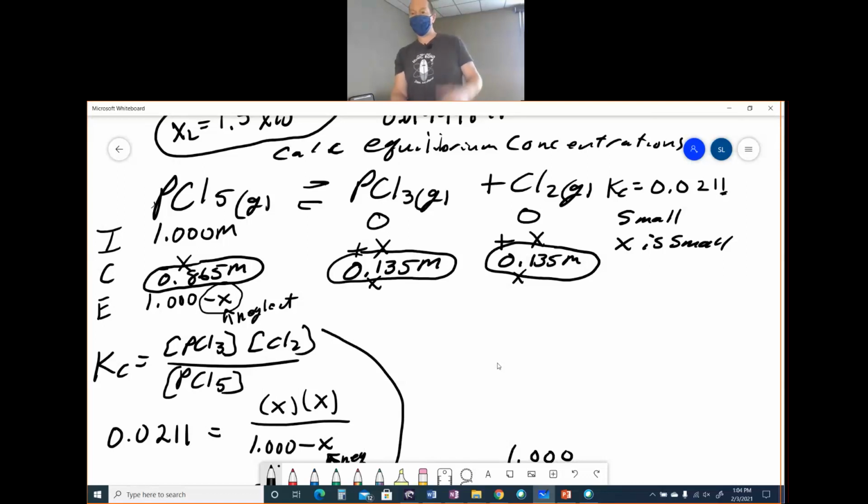There are always rounding things that you're going to do, and then you multiply rounding things. But it's going to be very, very close to 0.0211. If it is nowhere close to that, well, then you know you have the wrong answers.